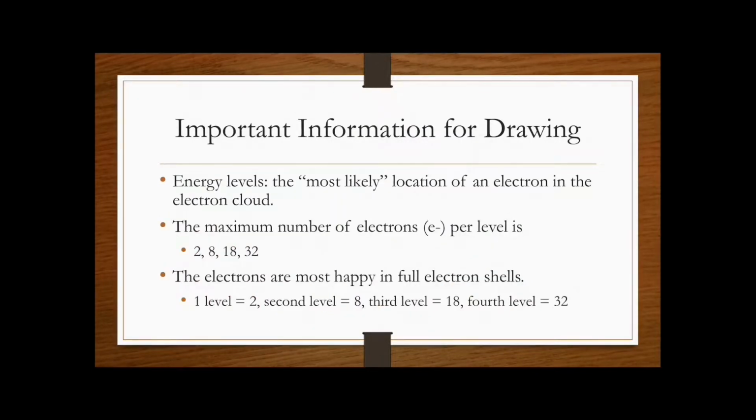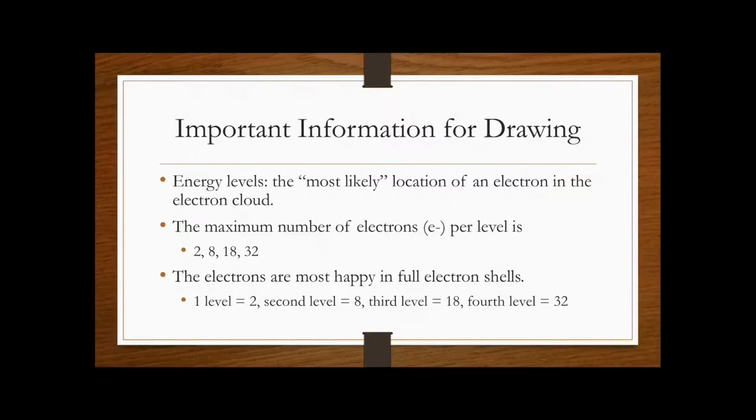All right, so now we're going to move on to the fun part of drawing these models. Some important information that you do need to know: the energy levels. This is the most likely, in quotes, because remember, we have stated that energy levels are not necessarily there.